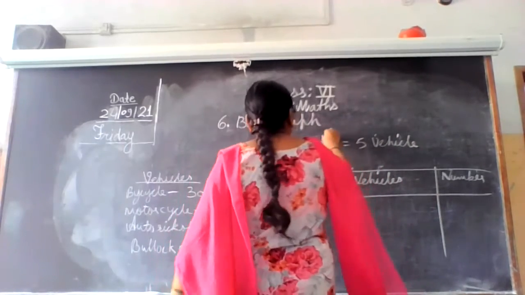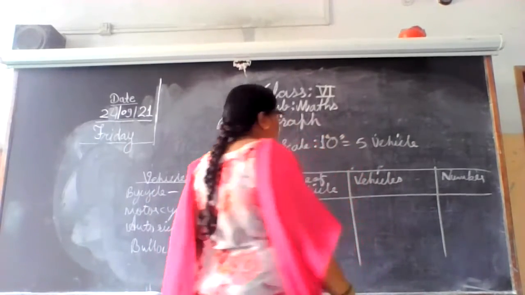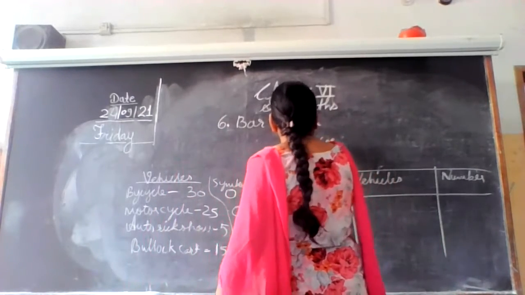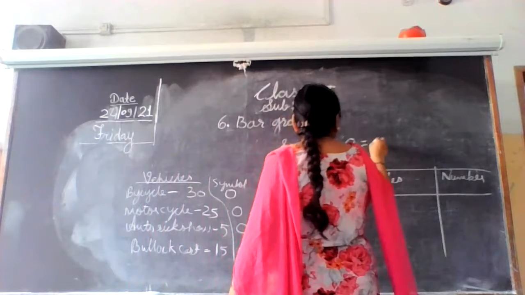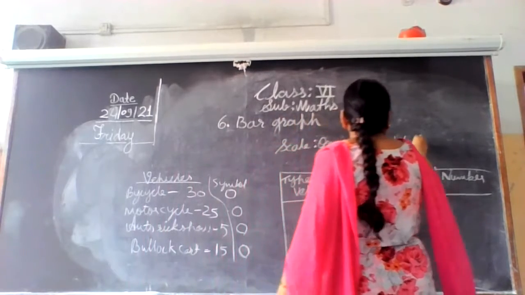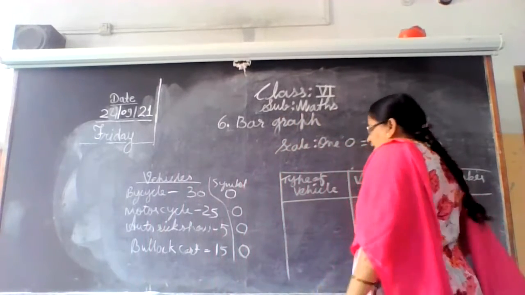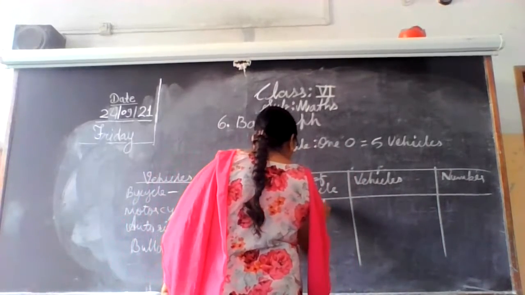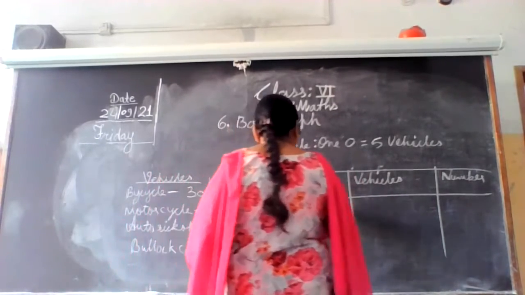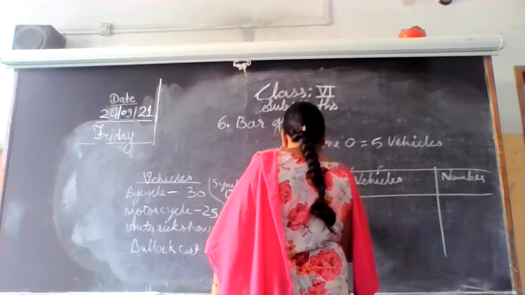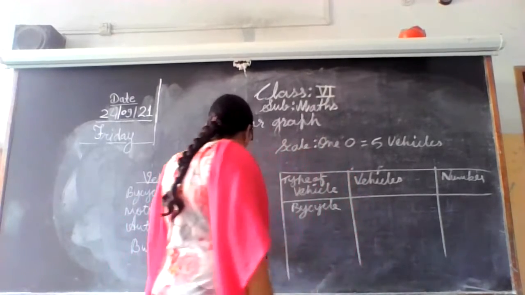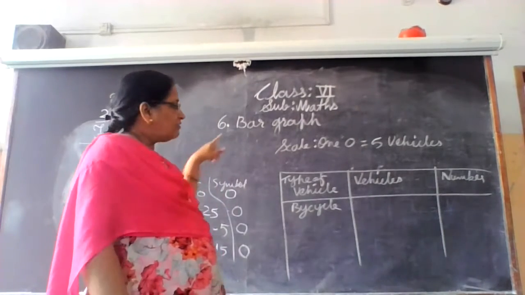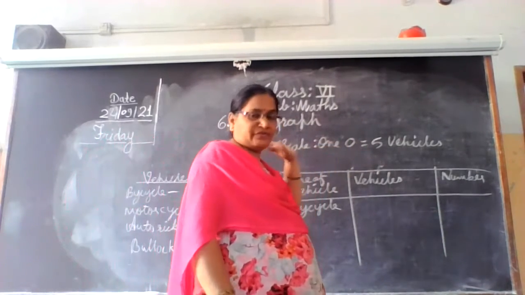It looks like 1 circle equals to 5 vehicles. Okay. First bicycle. The number of bicycles is 30, and one circle equals to 5.